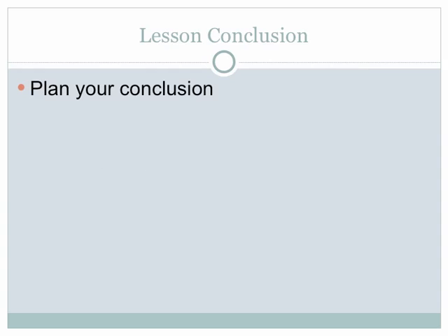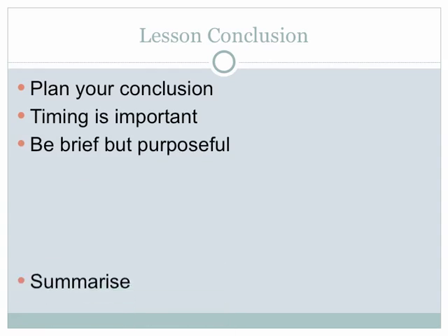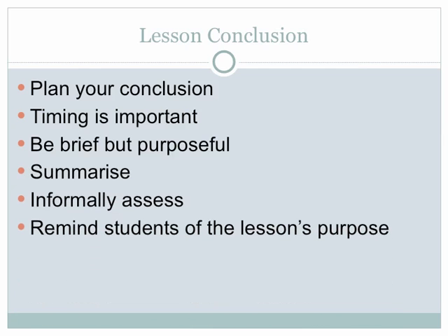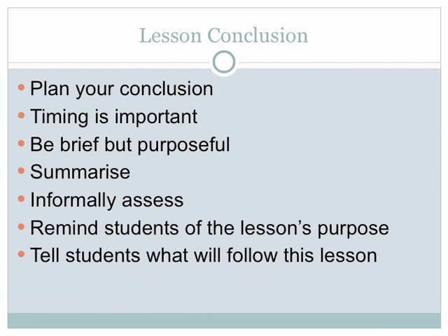Now, we've talked about the need to have a good introduction to our lesson, but although the conclusion may be very short, we need to have a lesson conclusion as well. Sometimes we might recap on what's occurred during the lesson, or we might have some students display their work or discuss it.